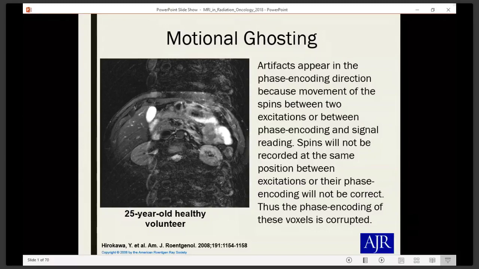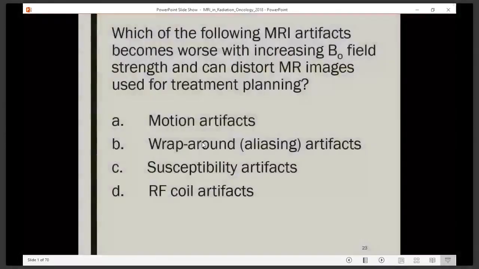These occur because the data is acquired at different points in time as the patient is moving at different places, and so that distorts the phase of the signal. Remember that we're counting on the phase of the signal to be consistent so we can encode position in the phase encoding direction. So we need to come up with ways to manage that.